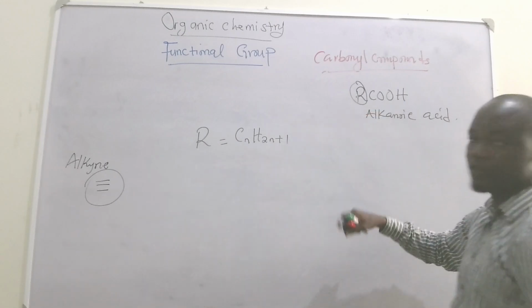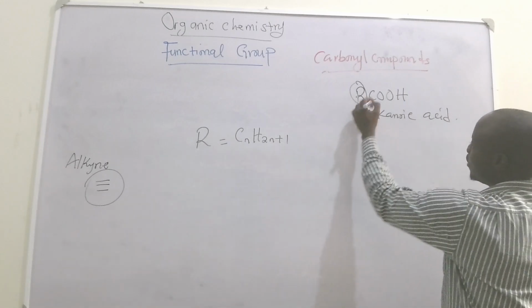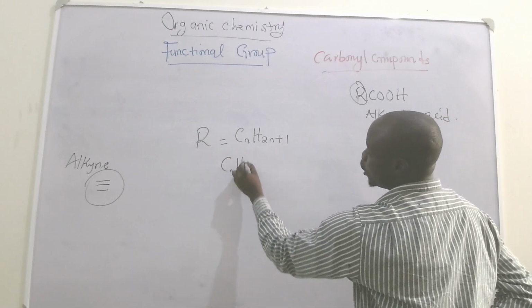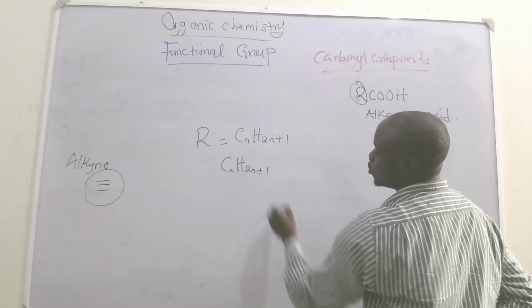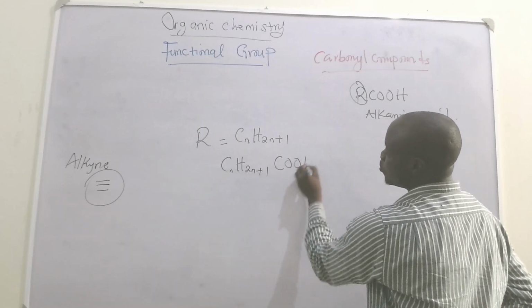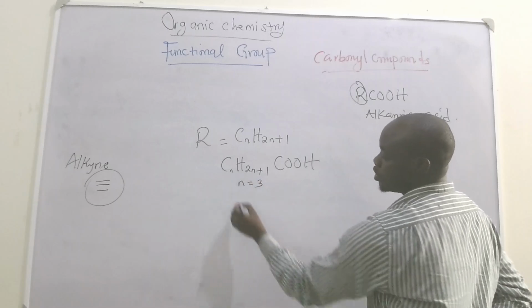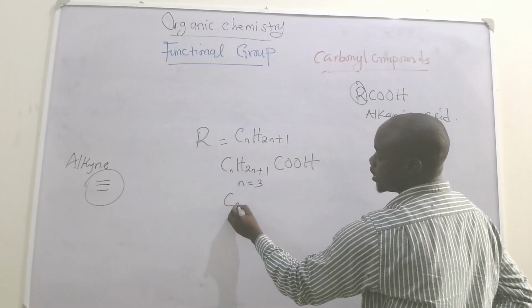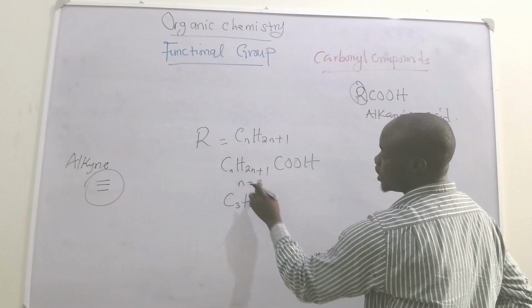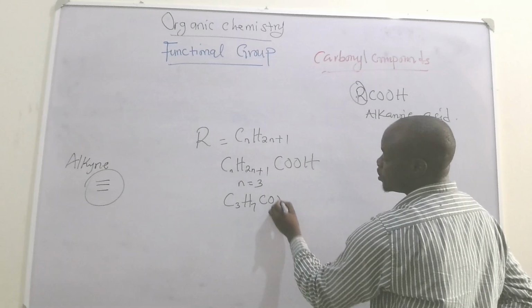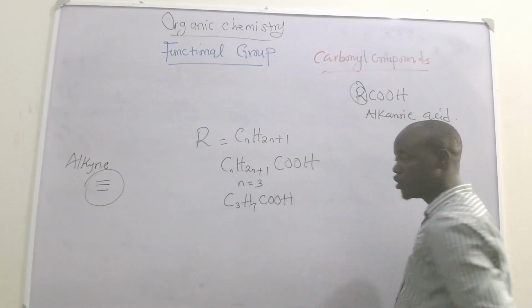So for the alkanoic acid, you can have something like this: CnH2n+1 then COOH. If n is 3, we have 2 times 3, which is 6, plus 1, so we have C3H7COOH.